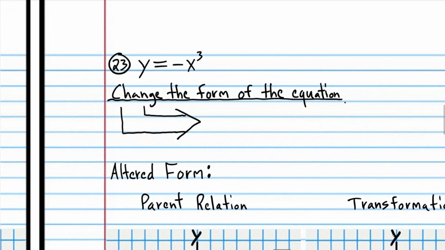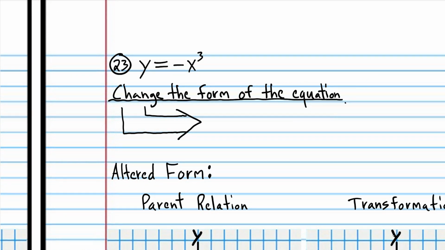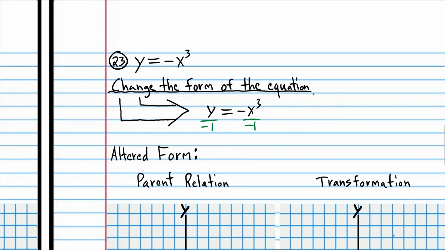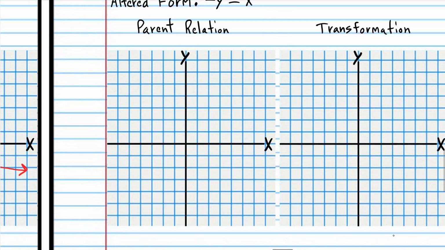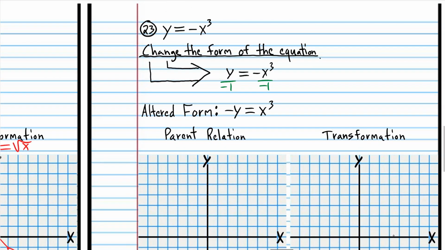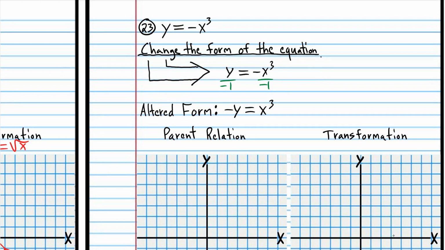All right, we're back. So the negative is not written on x, it's written on x cubed. So we have to divide both sides by negative 1, because that's negative 1 times x cubed. We have to divide by negative 1. And now we can see that this is really just reflecting across the x-axis.